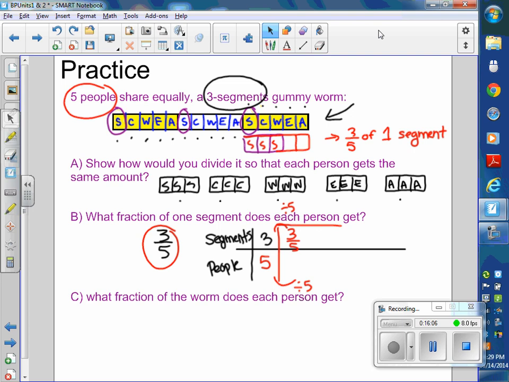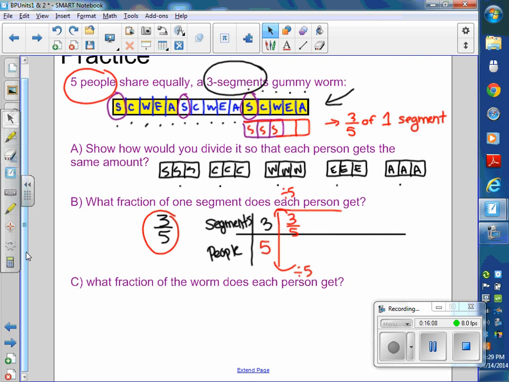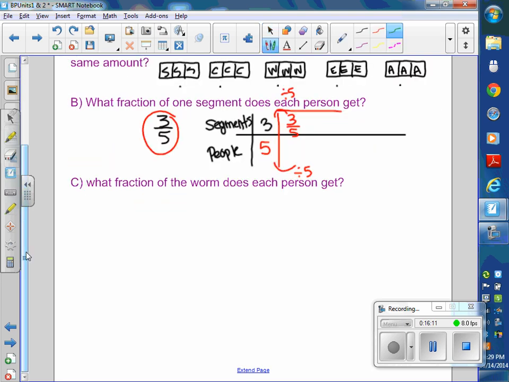The last question is a little trickier. First, let's write a sentence for this answer. Each person will get 3/5 of a segment. The last part is asking what fraction of the whole worm. That's different.